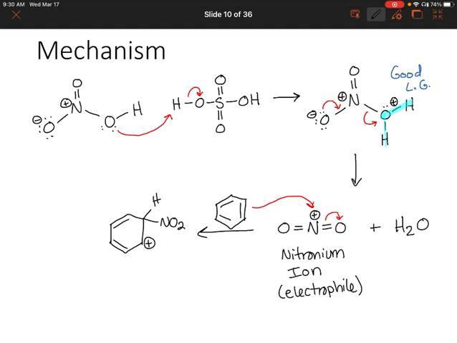Then we need a base that can take that proton at the top of the ring. In this case, we can just use water as our base. And we get our final product, nitrobenzene.